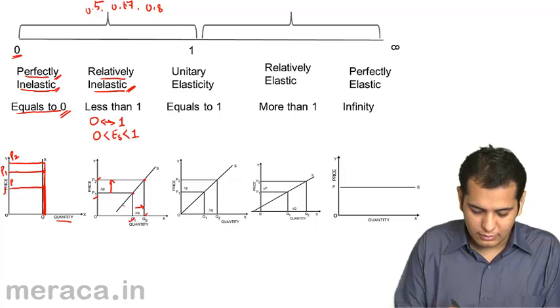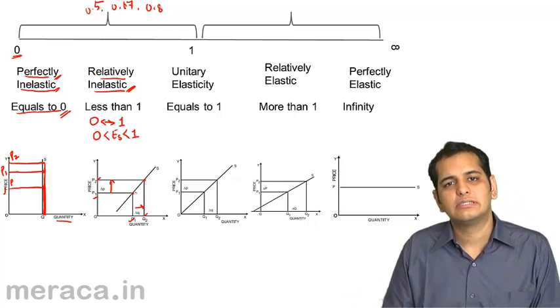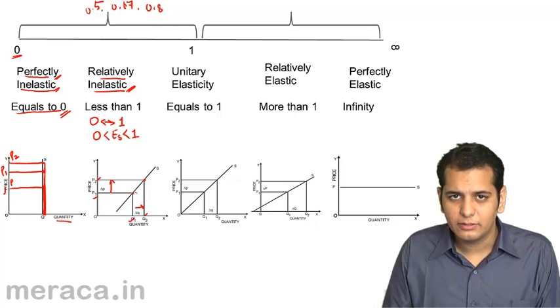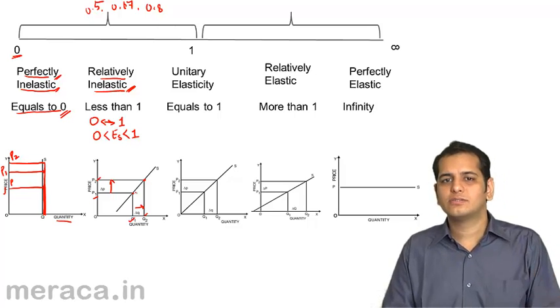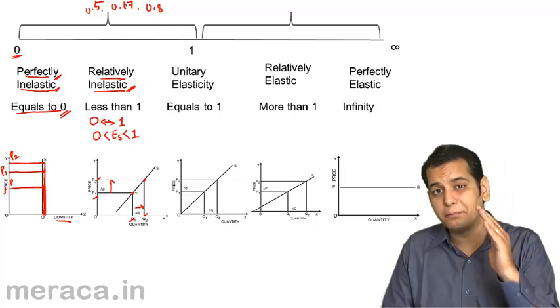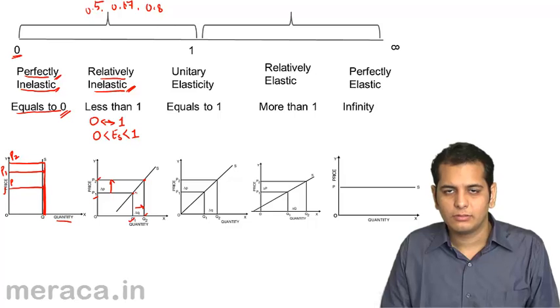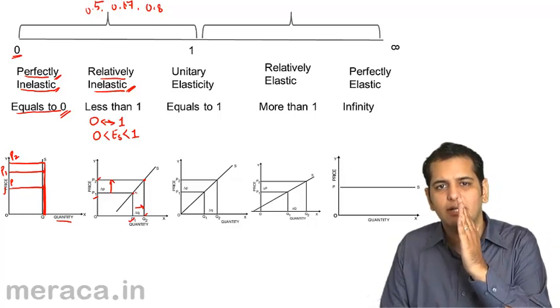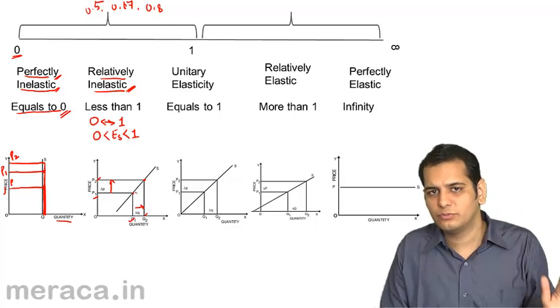And how do you think the supply curve will be? The supply curve would be tilted towards the y-axis. It will be steeper. So the supply curve in this case is generally steeper and tilted towards the y-axis.